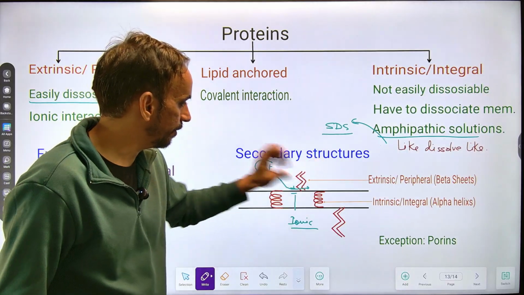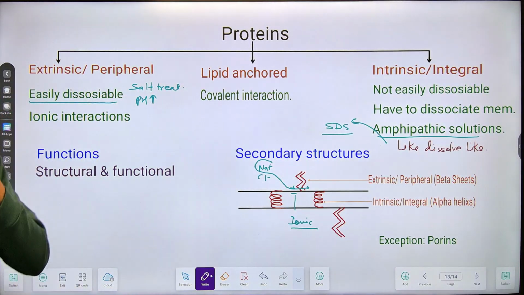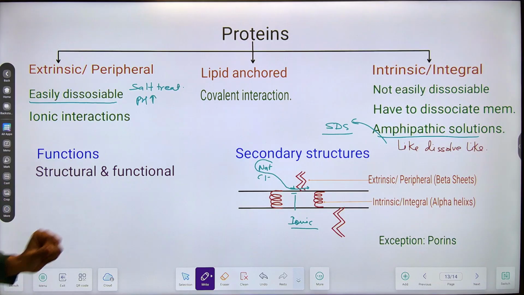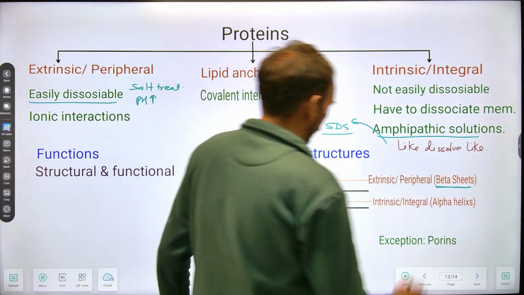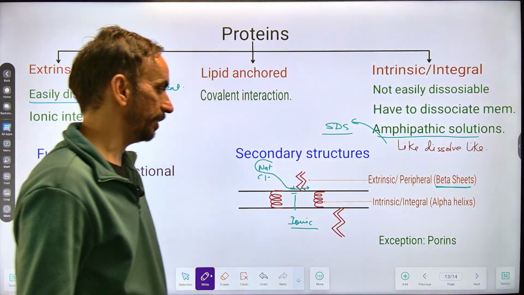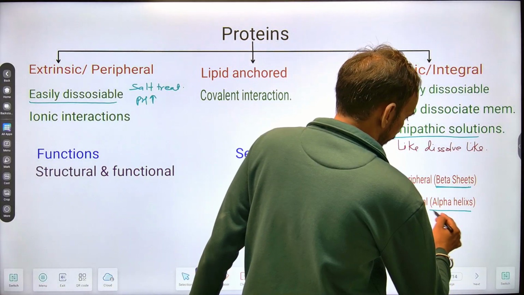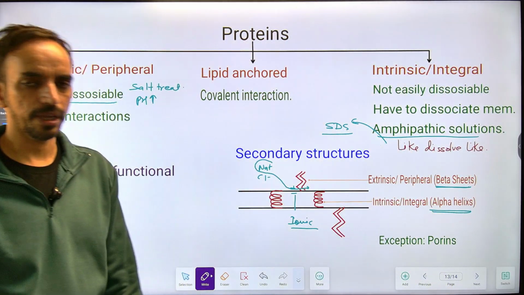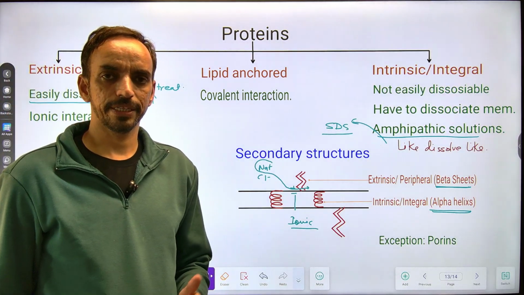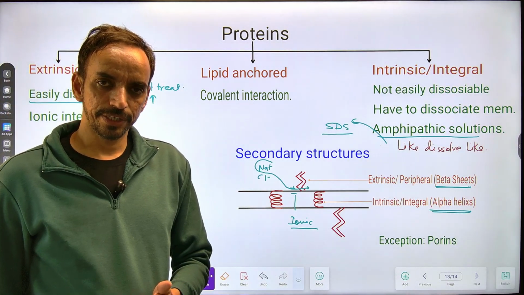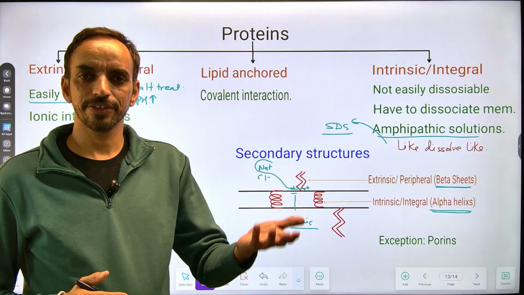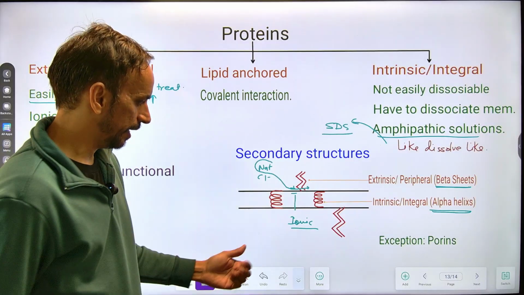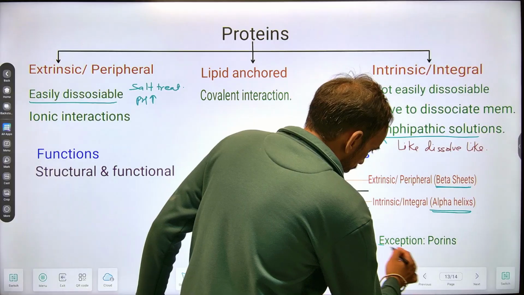If we talk about the secondary structure of these membrane proteins, the extrinsic protein, they are made up of beta sheets, while the intrinsic or integral protein, they are made up of alpha helixes. प्रोटीन सेकेंडरी स्ट्रक्चर की अपन ने बात की थी, अल्फा हेलिक्स और बीटा शीट. इंट्रिंसिक प्रोटीन का सेकेंडरी स्ट्रक्चर होता है आपके अल्फा हेलिक्स, एक्सट्रिंसिक का होता है बीटा शीट्स. Exception in biological systems are always there.